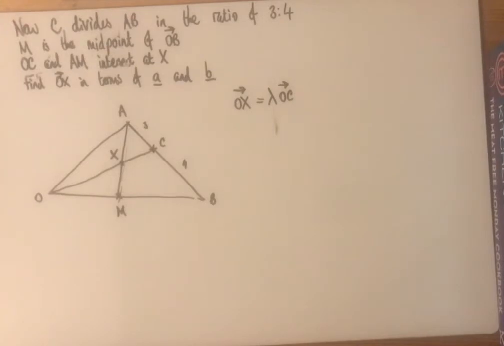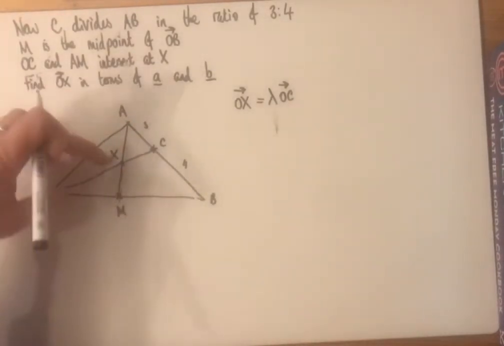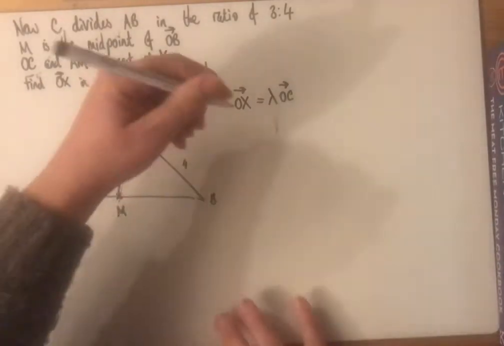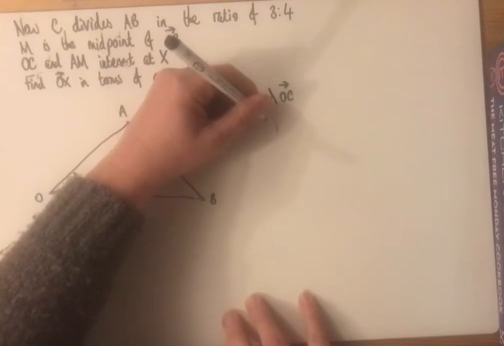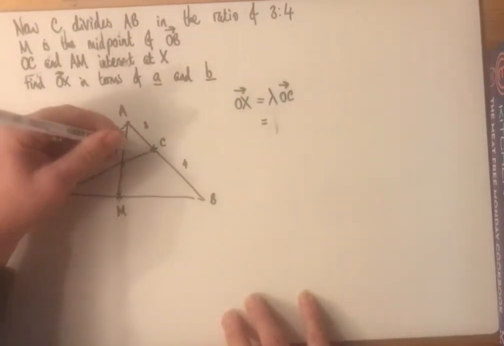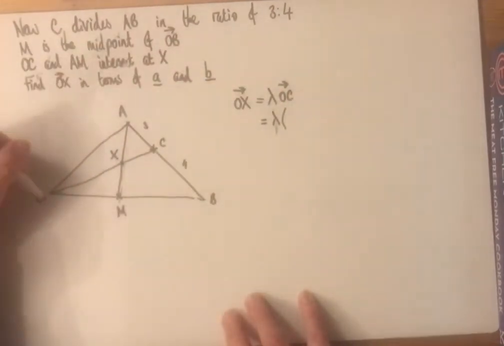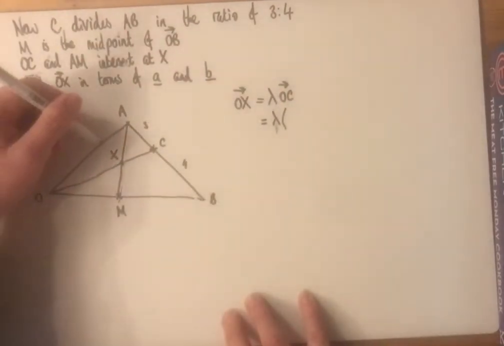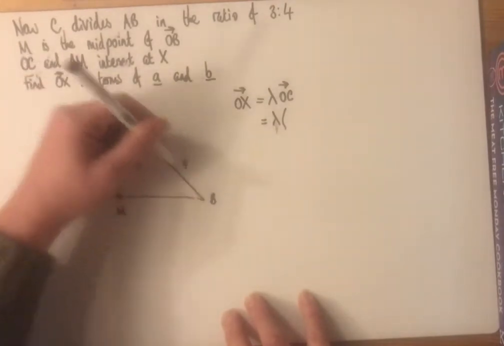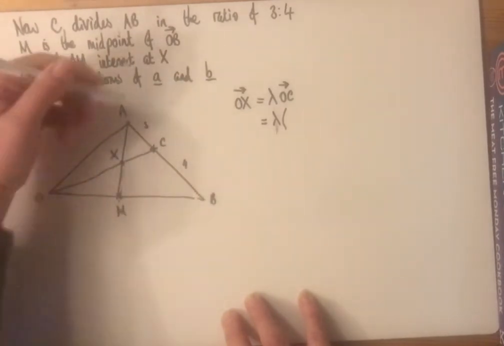Where lambda is a constant, and it's going to be between 0 and 1, so it's a fraction of OC. And then we know that to get from the origin to C, we need to go from the origin to A plus 3/7 of the way along AB.